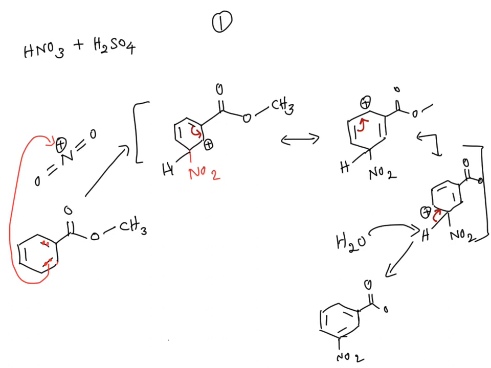That's the arrow pushing mechanism. This would also answer question number 2, why the nitro group goes to the meta position, and justify that using the 3 resonance structures. Here are the 3 resonance structures, 1, 2, 3, and the focus is on the positive charge. Where is the positive charge? It never goes to this carbon, right? That carbon. That answers the second question.